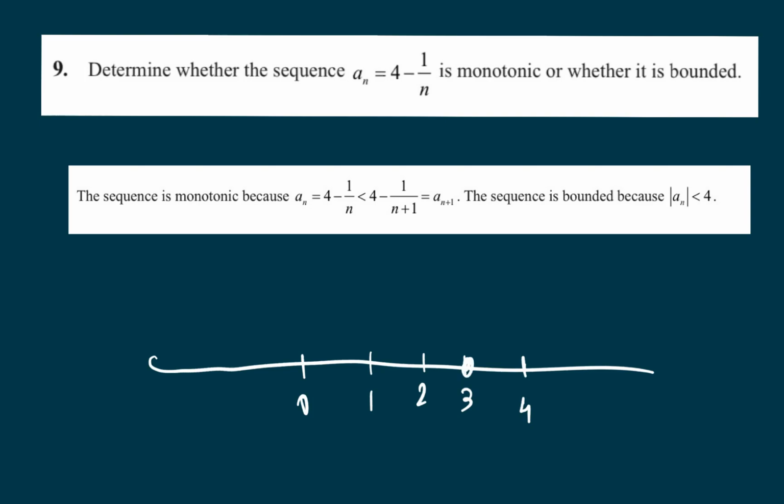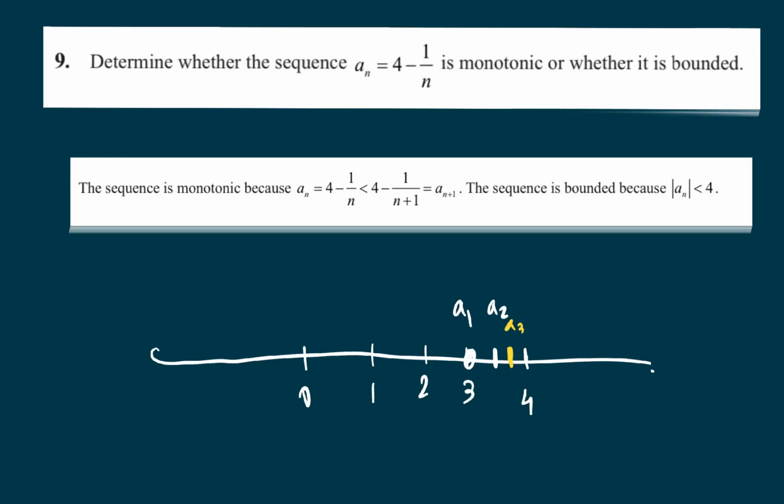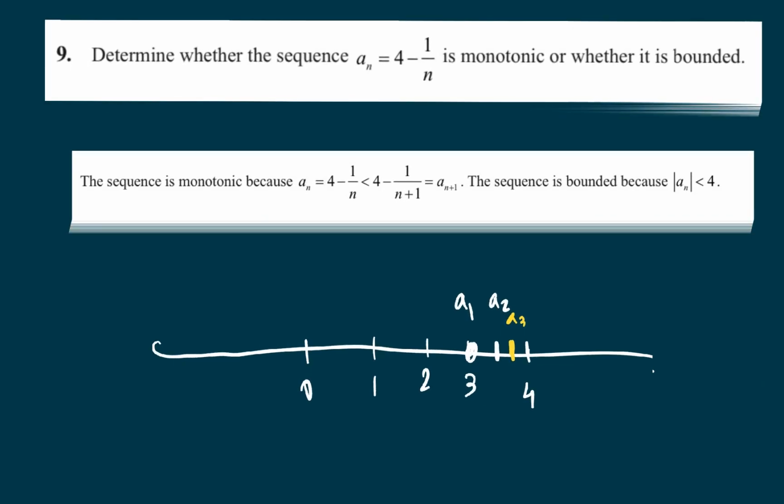So the first term is 3. When n equals 2, it is 4 minus 1 half, which is 3.5. So a2 is here. Now a3 is 4 minus 1 third. So as n goes to infinity, a sub n approaches 4. So the limit is 4.